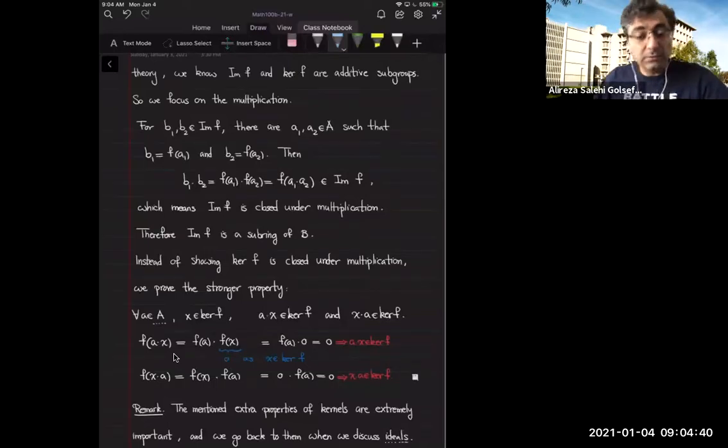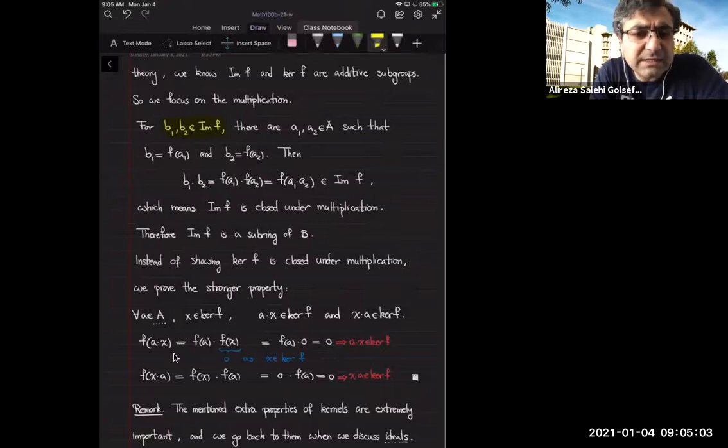Let's start by showing that the image of f is closed under multiplication. That means we pick two elements in the image of f, let's call them b1 and b2, and I need to show that the product b1 times b2 is also inside the image of f.